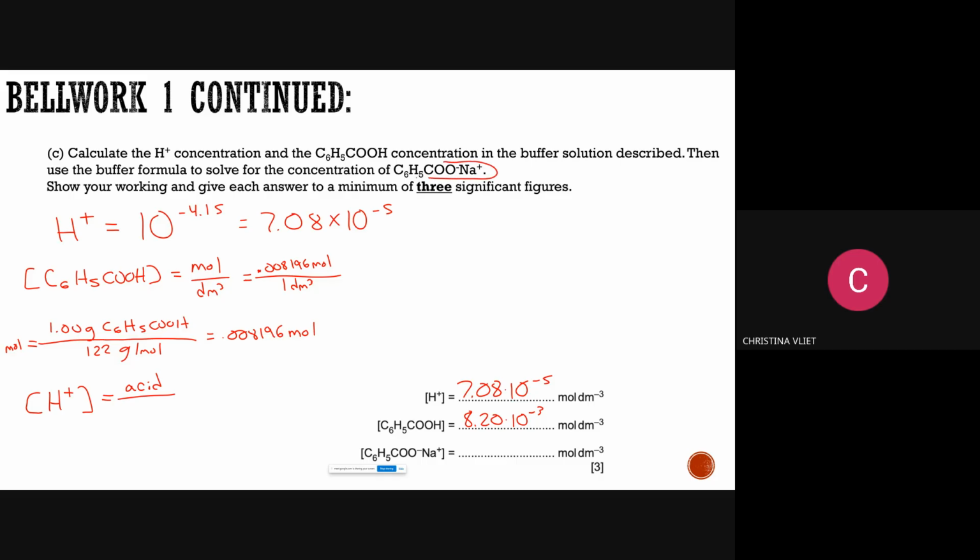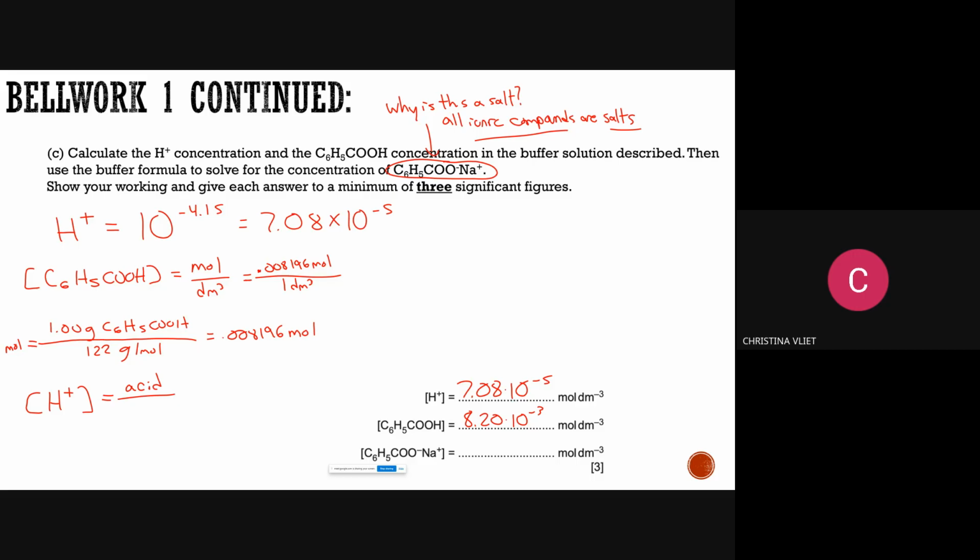This is a salt. Why is this a salt? Because all ionic compounds are salts. Salt is not just the salt you eat. All ionic compounds are formally defined as salts.